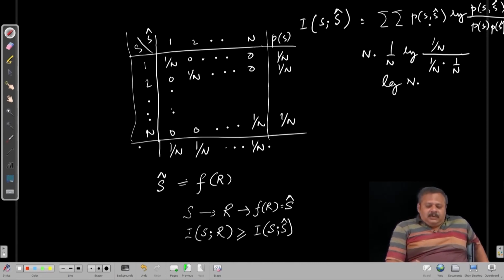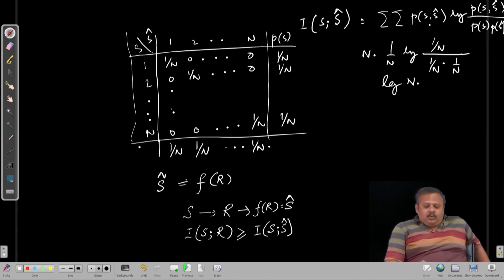So, with this we can in a way quantify the dependence between stimulus and response, albeit a lower bound. So, we have an idea of how much dependence there is, or at least is, between the stimulus and response.